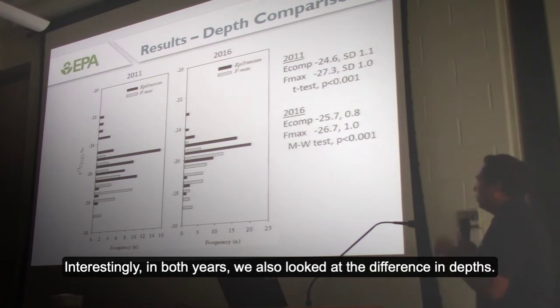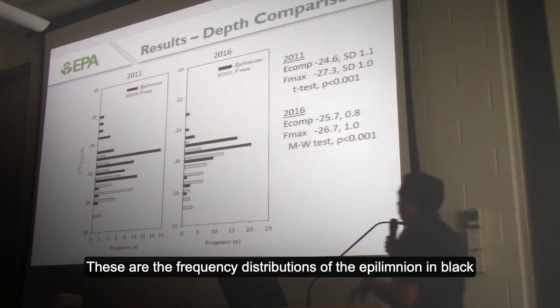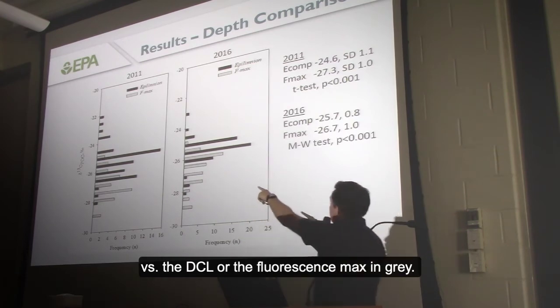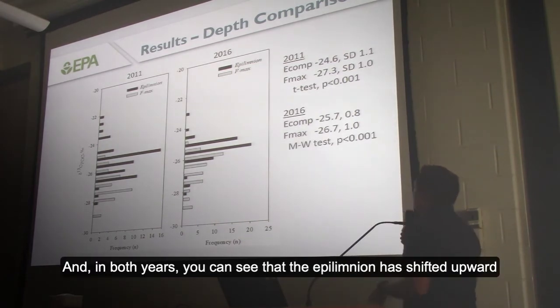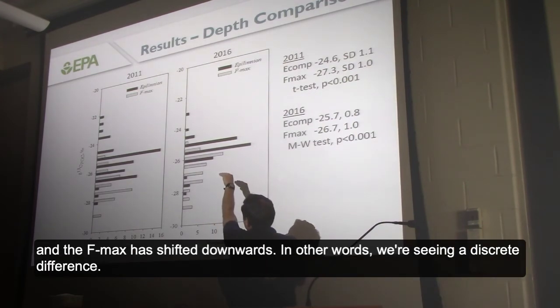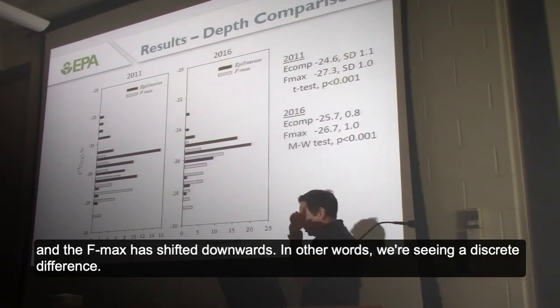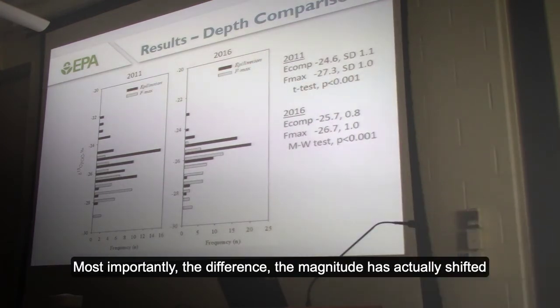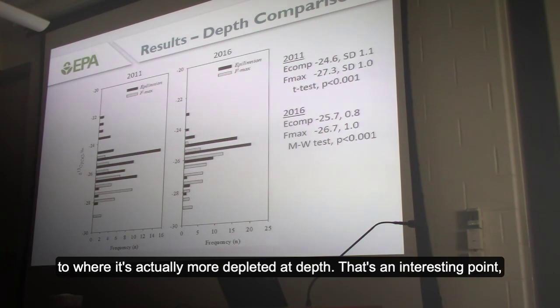Interestingly, in both years, we also looked at its difference in depth. So these are the frequency distributions of the epilimnion in black versus the DCL, or the fluorescence max, in gray. And in both years, you can see that the epilimnion is shifted upward and the F max is shifted downward. In other words, we're seeing a discrete difference. Most importantly, the magnitude is shifted to where it's more depleted at depth.